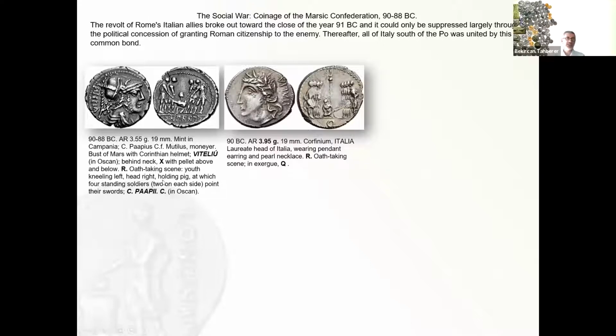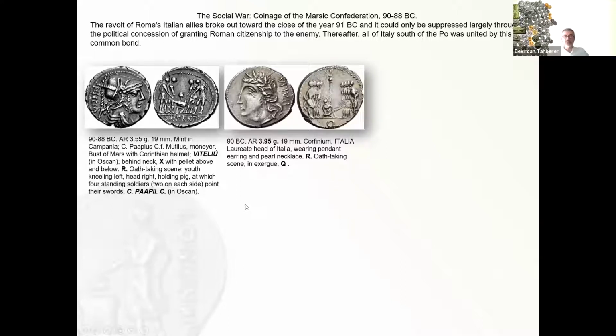And on these coins, you see legends in Oscan and in other languages of the region. And they are not Roman coins. They are the coins of the Marsic Confederation. So they are the ones who fight against Rome for their rights.